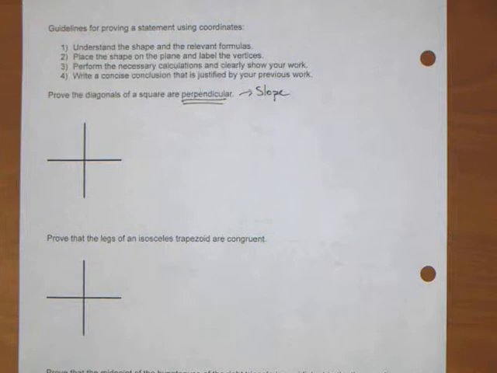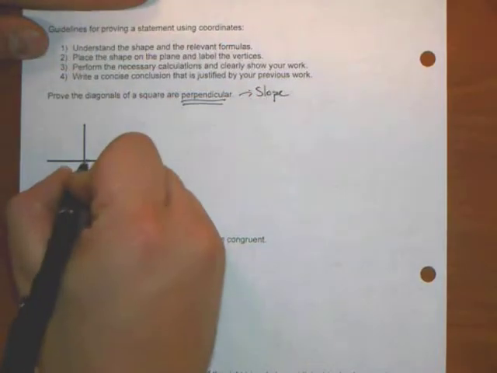So maybe I place my shape on here in an appropriate and convenient manner. Any of the ways that we placed squares in the homework last night will be fine. I'm leaning toward the one where the point's at the origin.